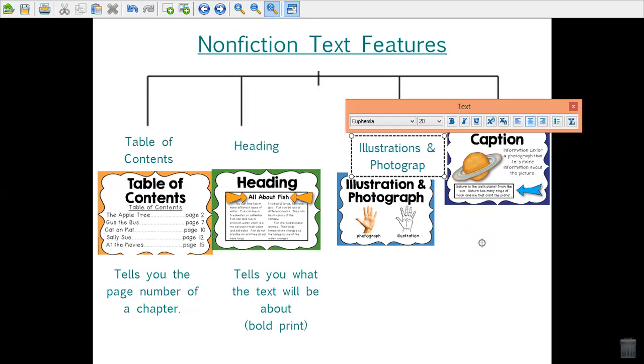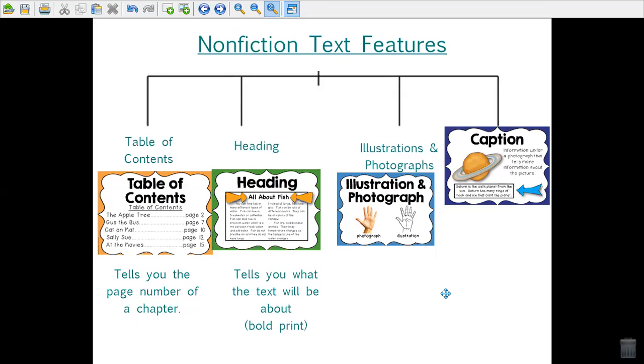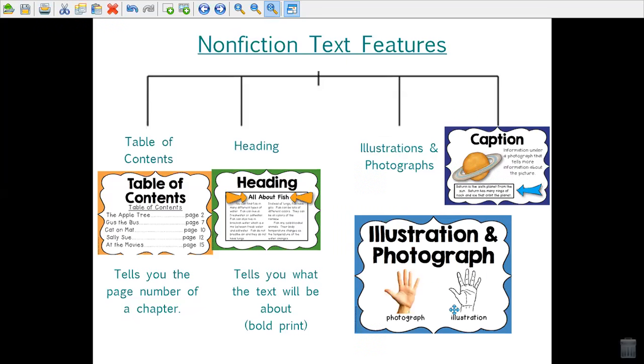And so illustrations and photographs are a really good review. The difference between the two, and I love this description, is a photograph is an actual picture that you take. Look at that. That actually looks like a hand. And the illustration is an actual drawing. So that's the difference. A photograph is a picture, an illustration is a drawing.